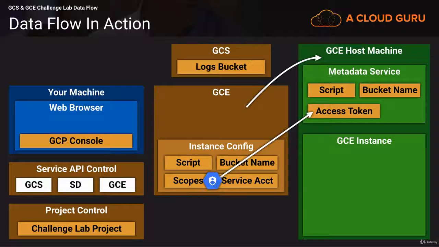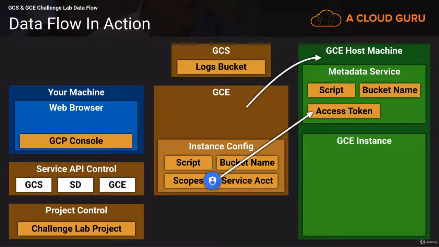So if the service account allows something, but the scopes do not, then you can't do that with the access token. But the reverse is also true. If the scopes allow something, but the service account doesn't have access to do that thing, then again, the access token won't be enough to be able to do that.